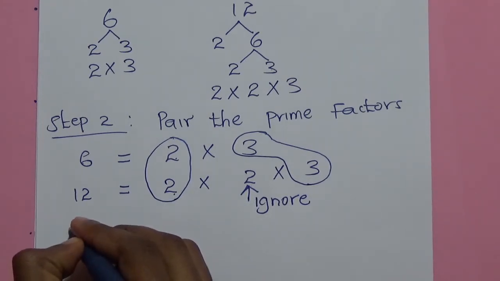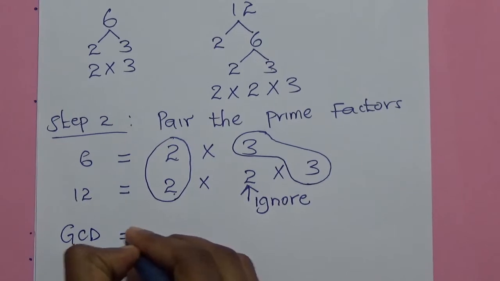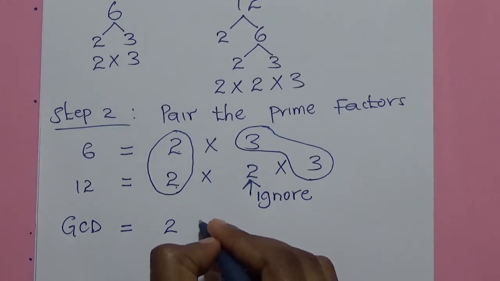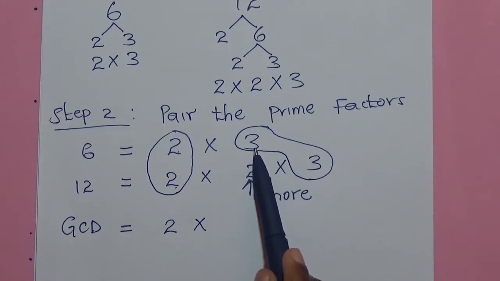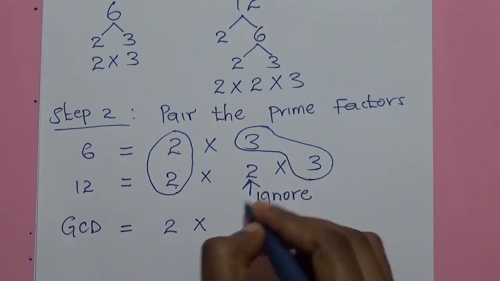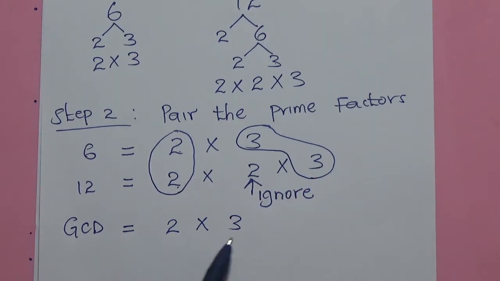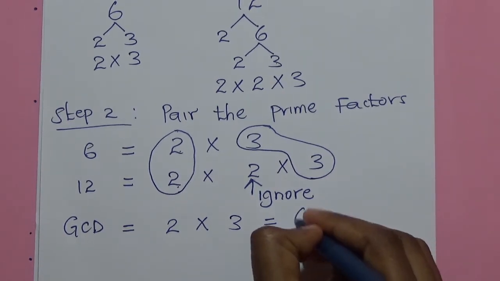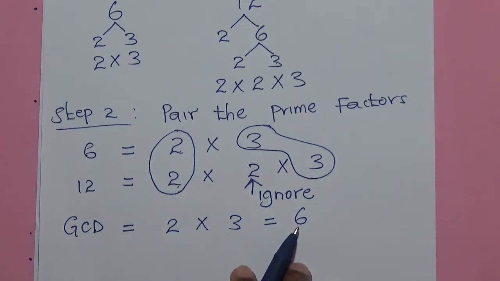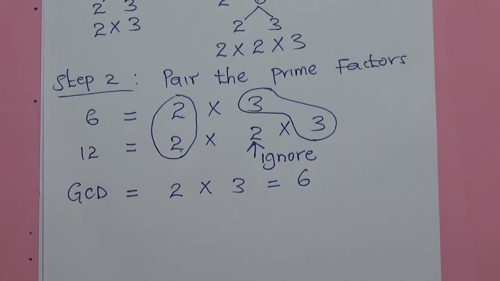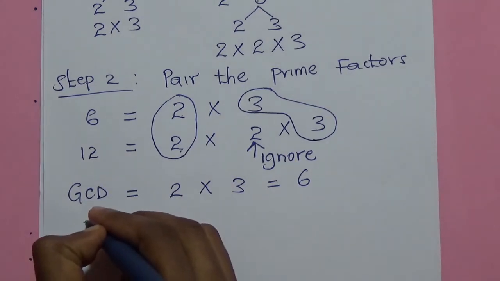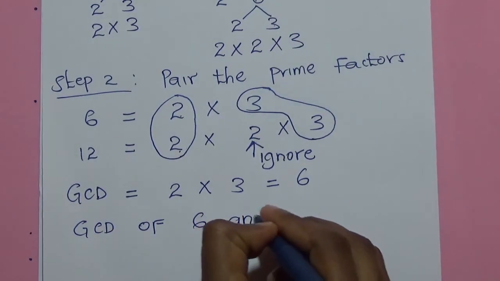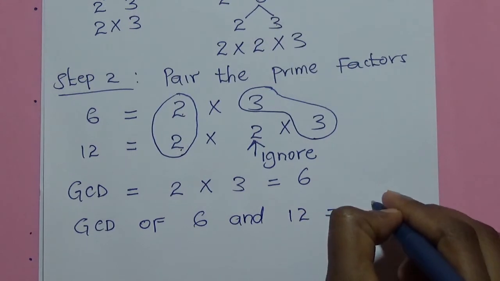So the GCD will be, you pick one from this pair, you have 2, you multiply by, you pick 1 from the other pair, so 2 times 3. Then you multiply. You get 2 times 3 will be 6. So the GCD is 6. Therefore, we can write our answer as GCD of 6 and 12 will be 6.